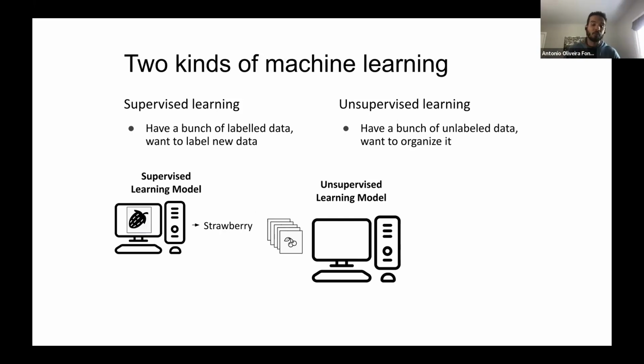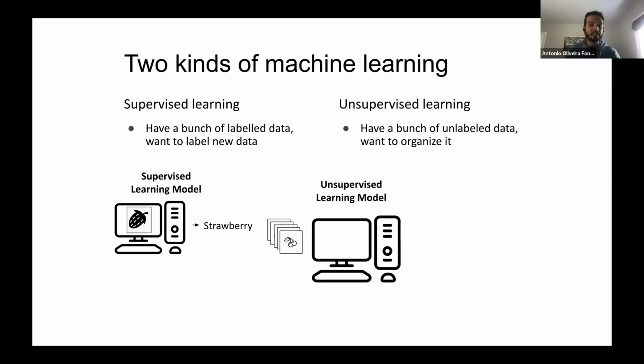Rather, it's a model that's very good at one specific task, which is separating bananas from strawberries. For the cases where you might come across things that you have never seen before, that's an active area of research in machine learning. There is no unique silver bullet for solving this problem.